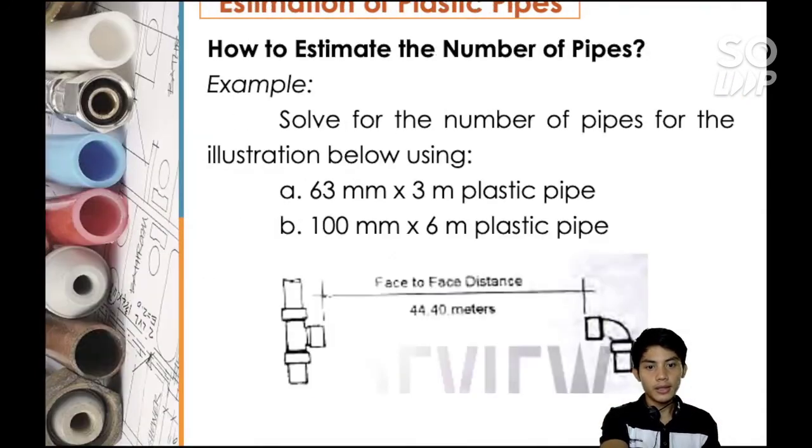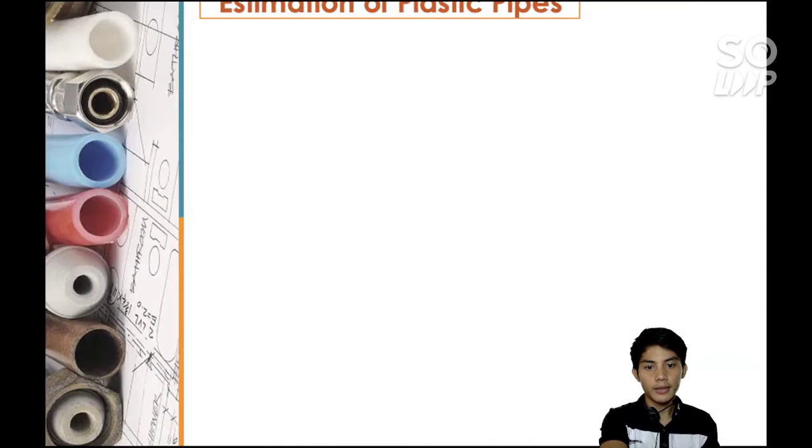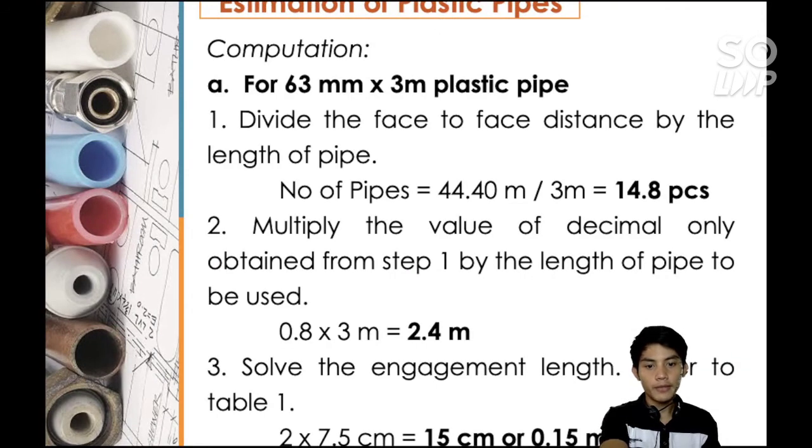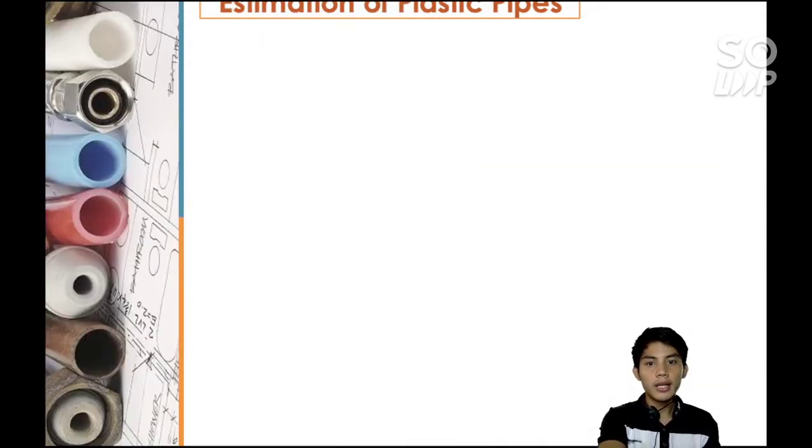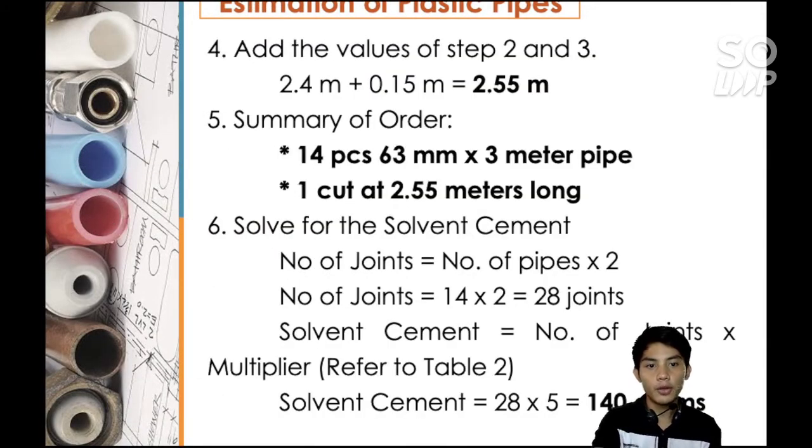That's the engagement length, so 7.5 times 2, then 15 cm or 0.15 meter is the result. Then add the values of step 2 and 3, so we have 2.55 meters. Then summary of order: 14 pieces of 63 millimeter by 3 meter pipe, then one cut at 2.55 meters long. So we will cut a 3-meter pipe at 2.55 meters.